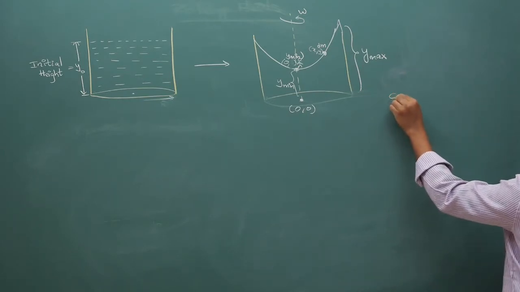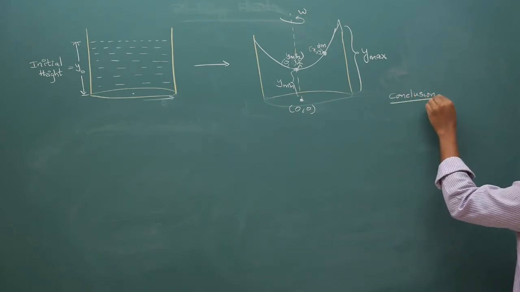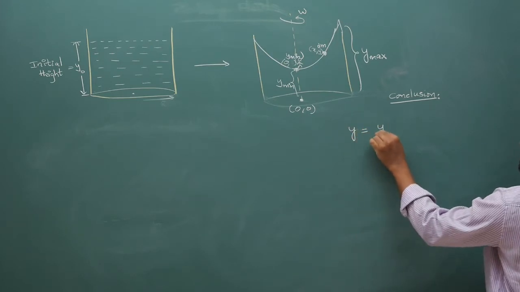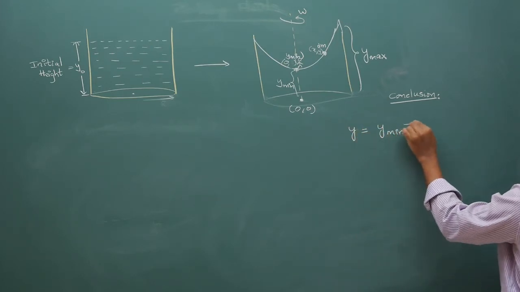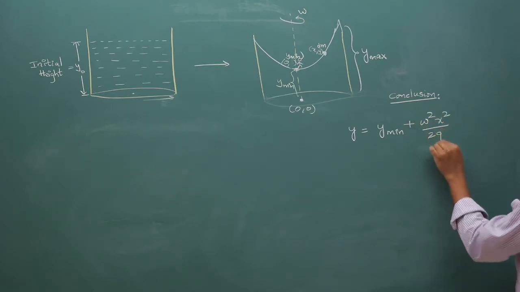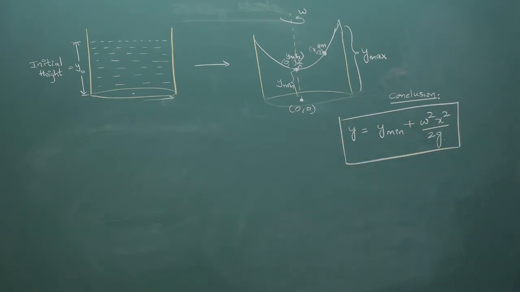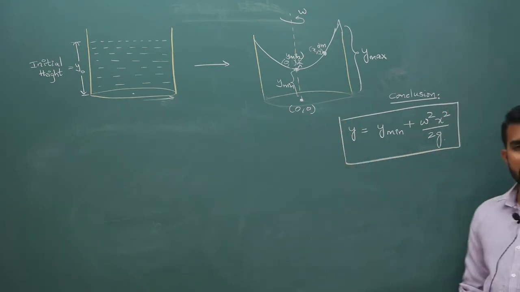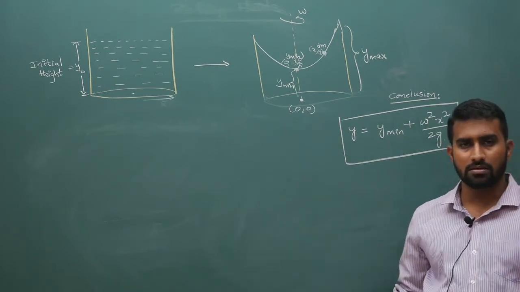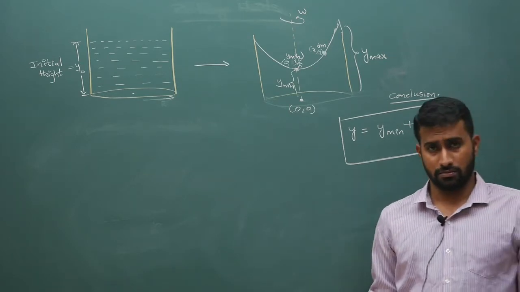So the first important relation that I want you to remember is your height y is minimum height plus omega square x square by 2g. If nothing is mentioned about minimum height, you can consider it to be 0, or that is your choice. Mostly he will give you the values.